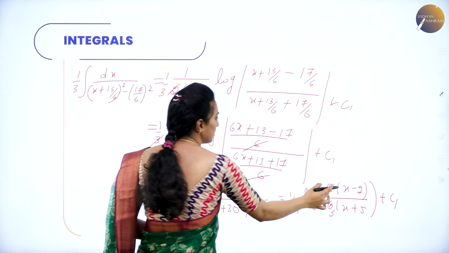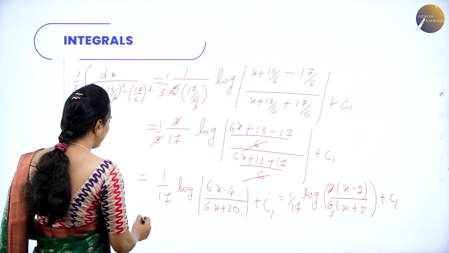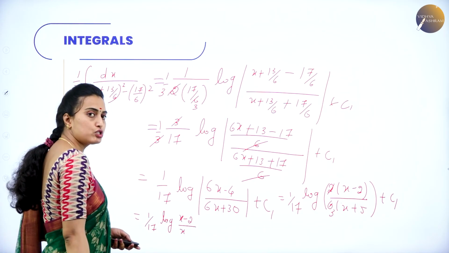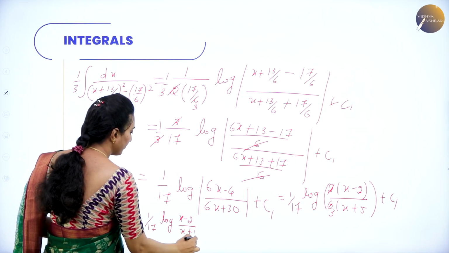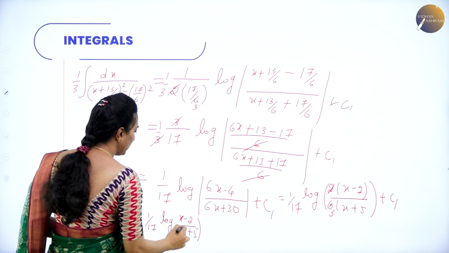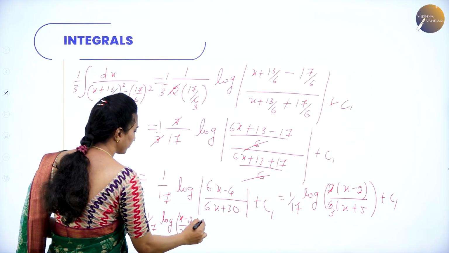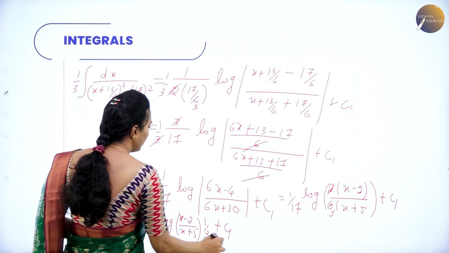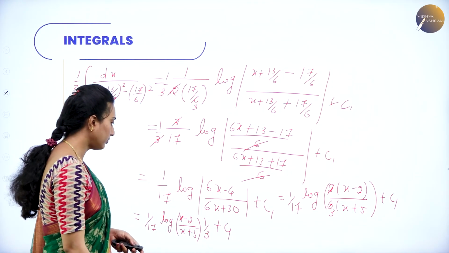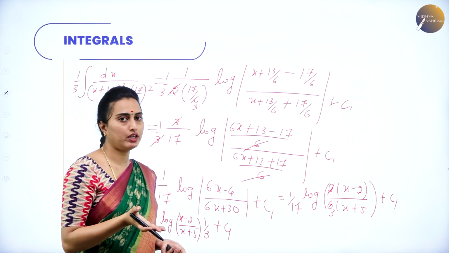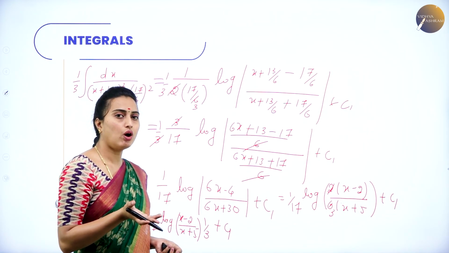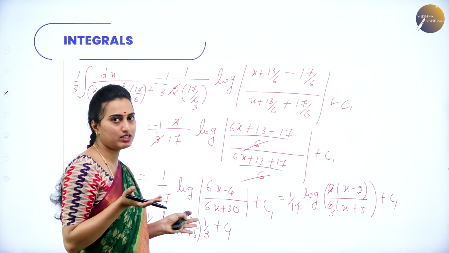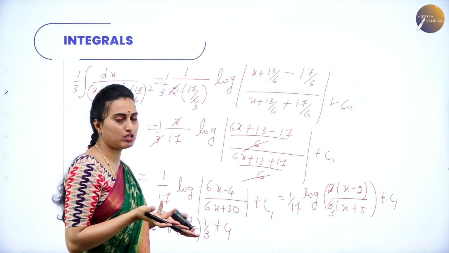You can write this in the form of what? 1 by 17 into log of (x minus 2) divided by (x plus 5) into 1 by 3, isn't it? Plus c1. Now this is according to log of m into n, which is nothing but log m plus log n. Now log of 1 by 3 plus c1 is nothing but c you are getting. So that is your answer.